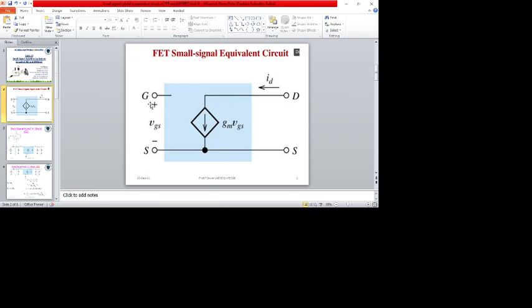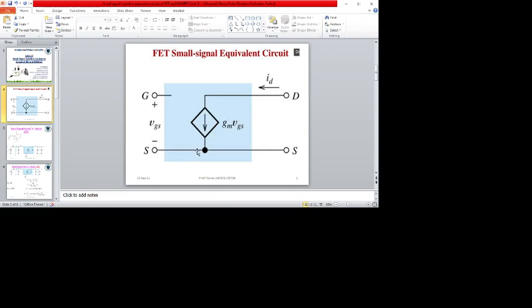We have three terminals: gate, source and drain. With respect to the gate and source terminals, we can find the open circuit voltage, that is VGS, and at the same time the drain is closed with source.